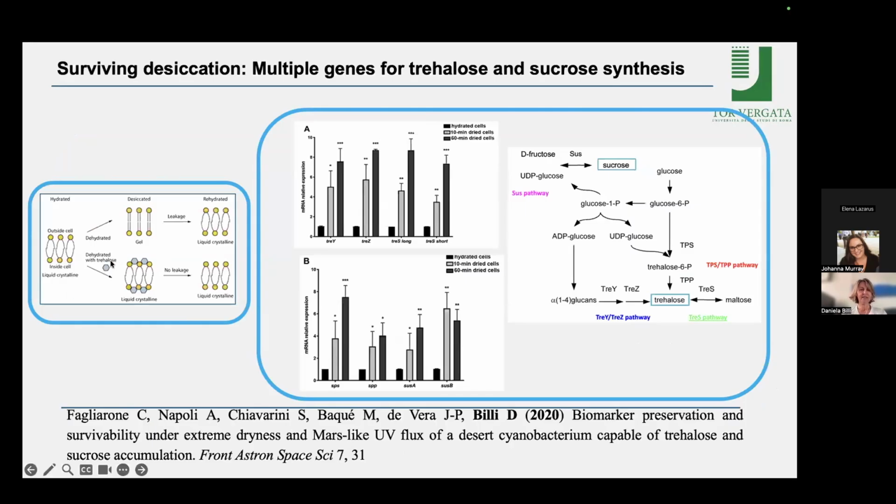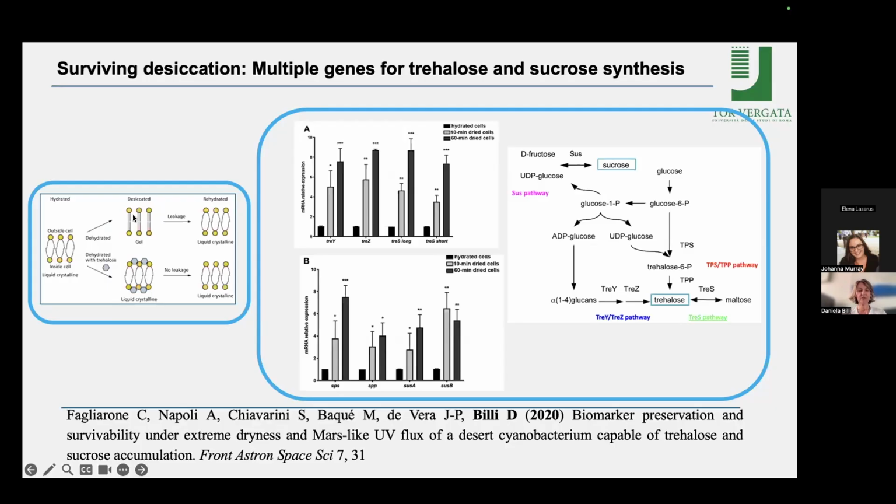In this case, it is very well known that trehalose, but also sucrose, can replace the water molecules, so that they can avoid the phase transition of the lipid membrane, and it remains in the liquid crystalline state that is the normal one. So when water is added and they are hydrated, there is no leakage, and so there is survival.